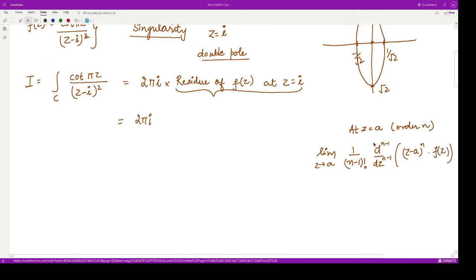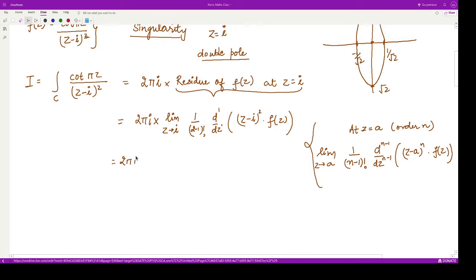So this is the formula to calculate the residue. We just apply the same over here. We would have the limit z goes to iota, because our point here is iota, and then 1 by (2 minus 1) factorial, then the first derivative with respect to z of the function (z minus iota) square multiplied by f(z).